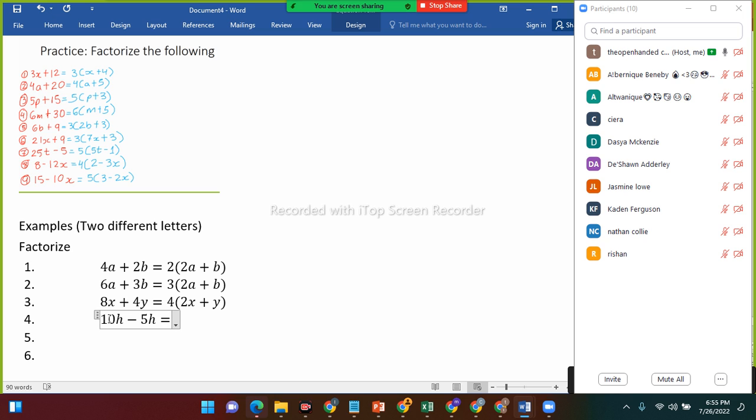Deshaun, how do we do number 4? What's the common factor with 5 and 10? 5. Okay, so what do we put inside? 2h minus h. Very good. All right, excellent.